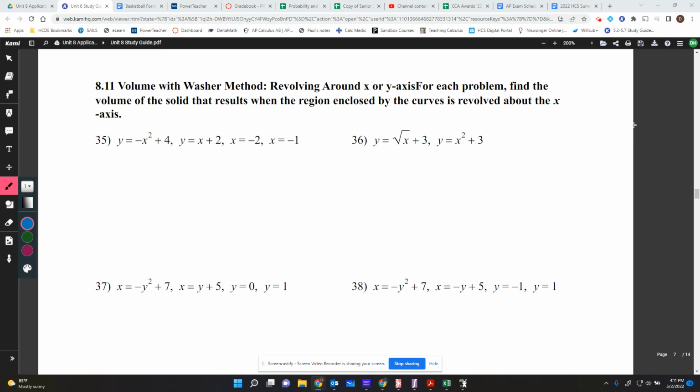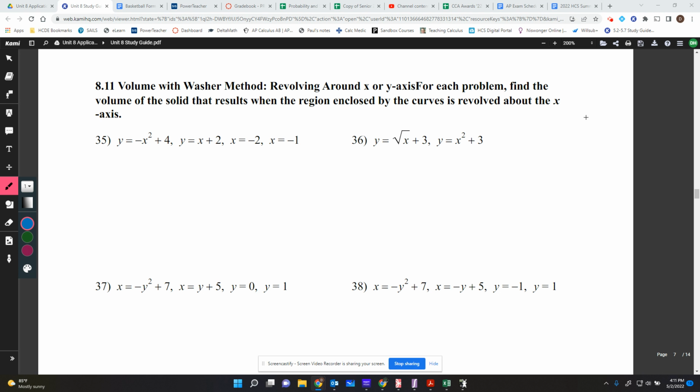So 8.11, volume with the washer method for revolving around the x or y axis. This is very similar to volume with discs, except you have to subtract out the part that's going to be missing.